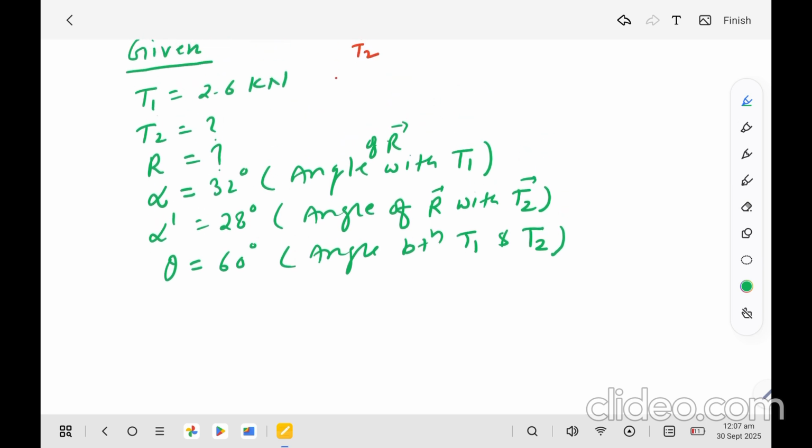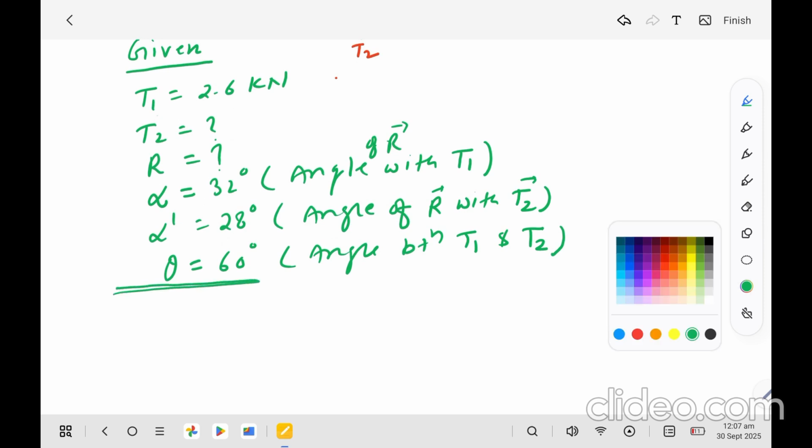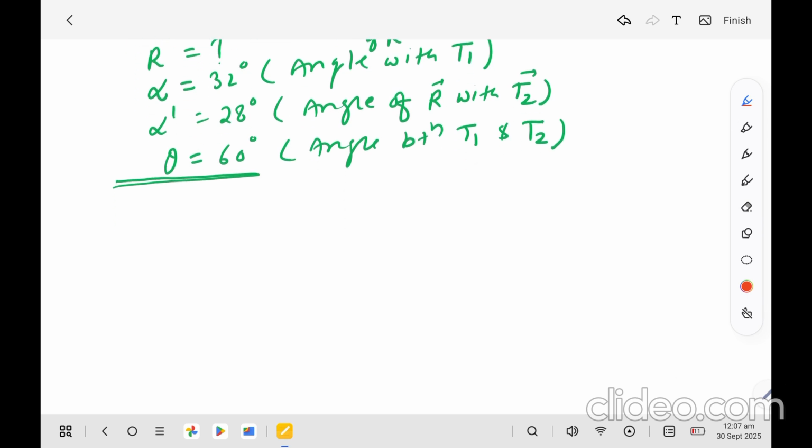So these are the parameters. A few parameters are given and others we need to calculate.